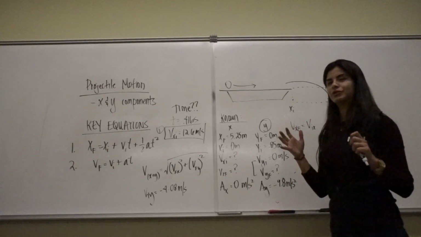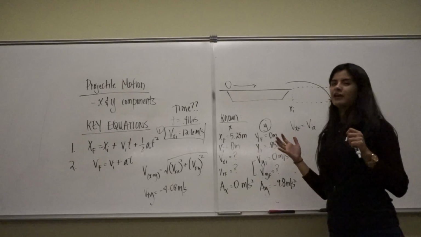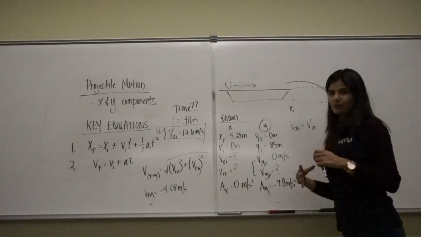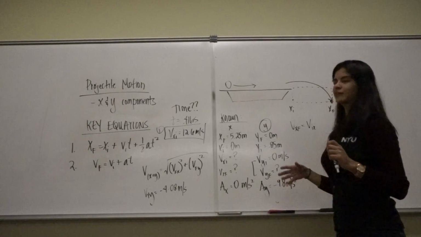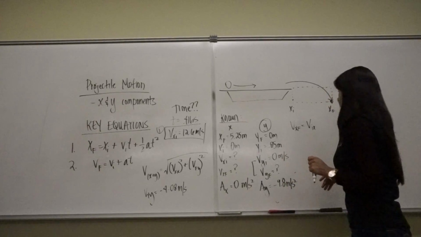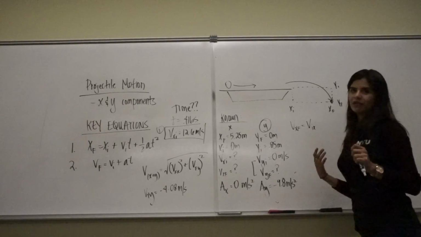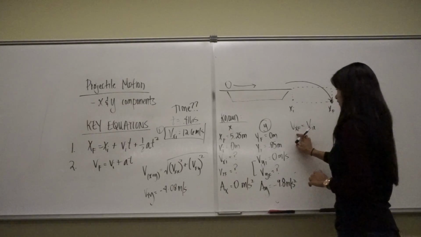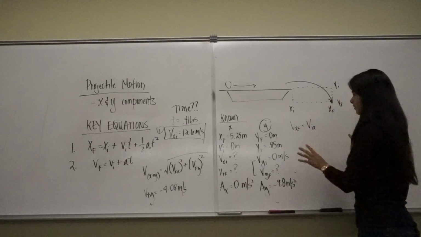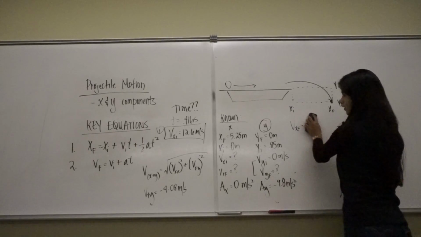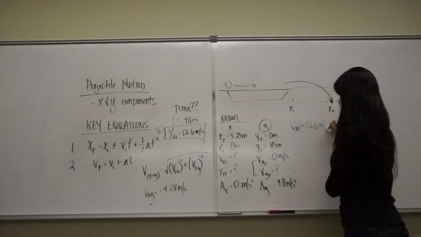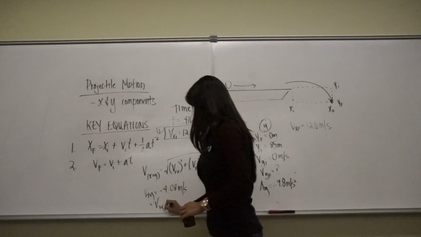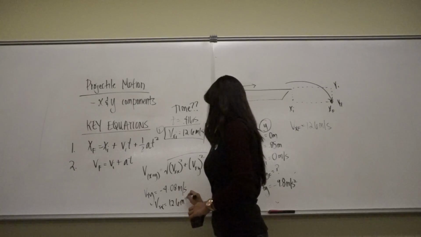It seems counterintuitive because the ball's going to eventually stop. It does, but that's a little more complex physics, and we're not calculating for friction and things like that. So initial velocity and final velocity in the x direction are the same. We know that it's 12.6 meters per second, so Vf of x equals 12.6 meters per second.